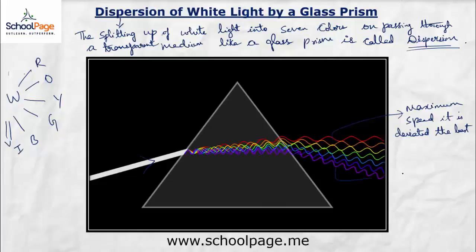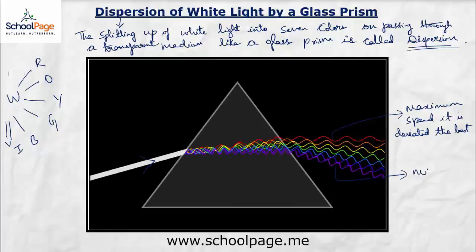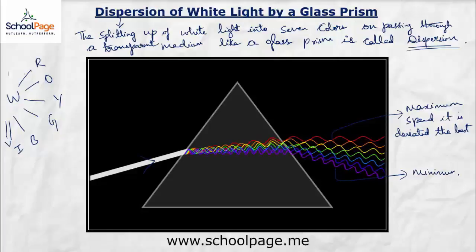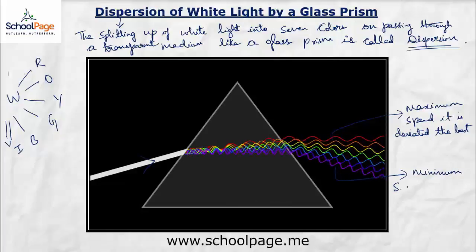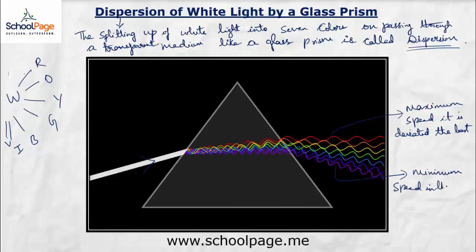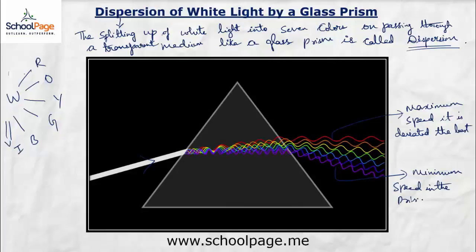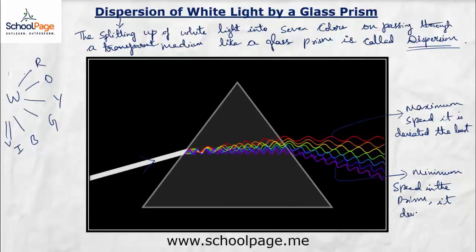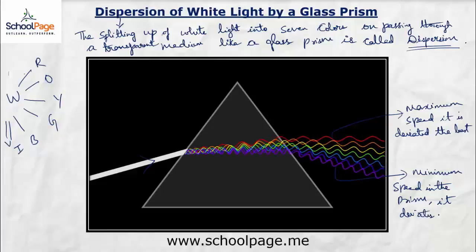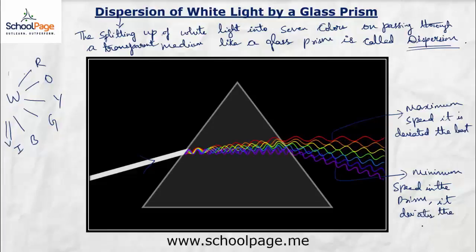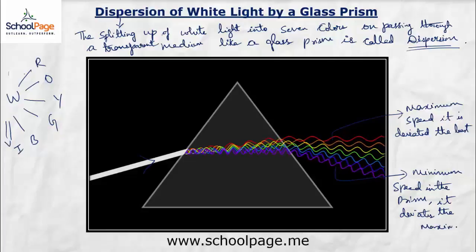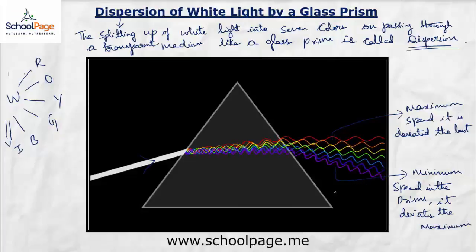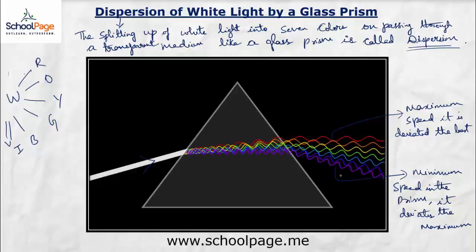And since the violet color has the minimum speed in the prism, it deviates the maximum. Due to this, the violet color appears at the bottom of the spectrum.